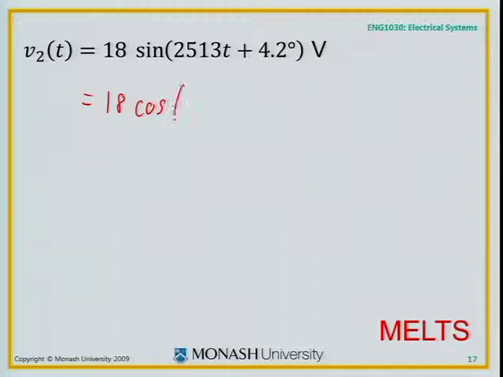I need to change it to cos, which I do by subtracting 90 degrees. Sine of x is cos of 90 minus x. Cos of x minus 90.